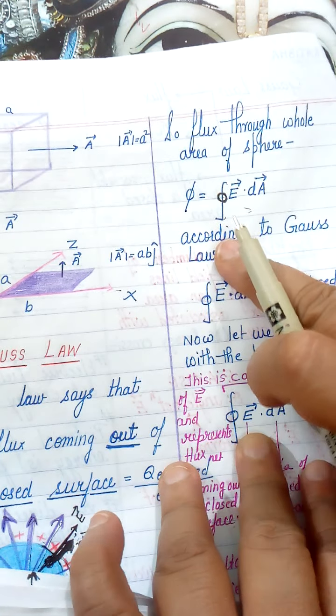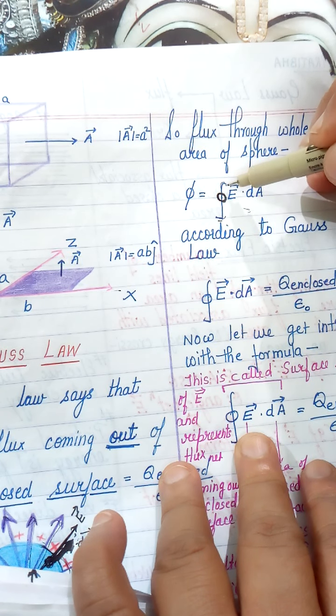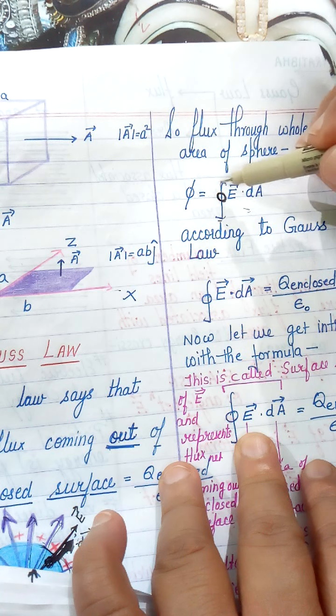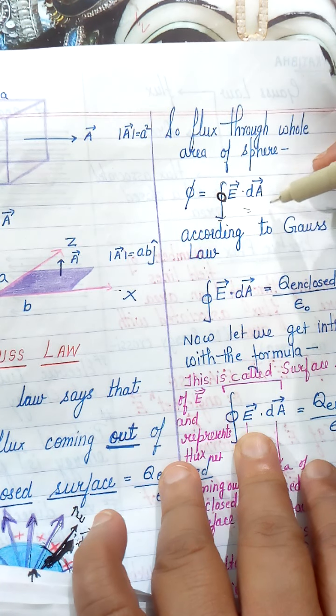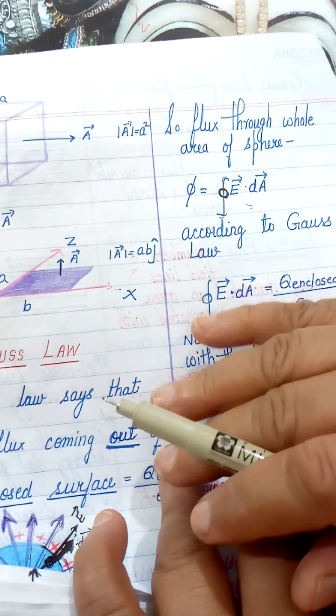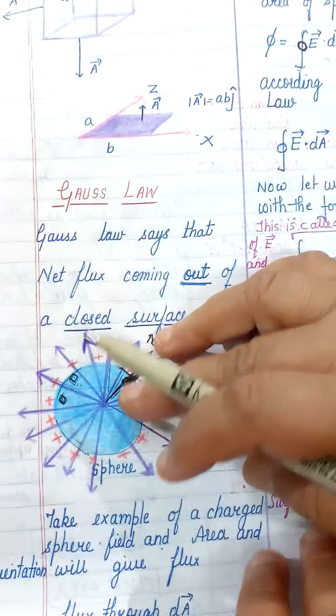And after writing the integration sign here, this is now area, net area, and this is now flux, net flux coming out of the closed surface, which we have taken here as a spherical surface, right?